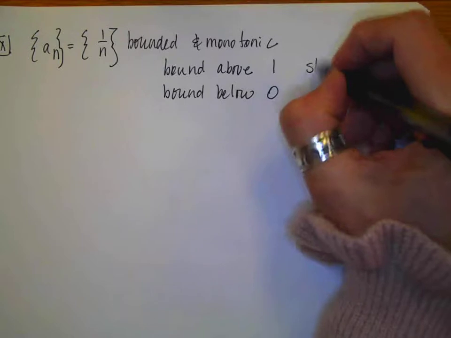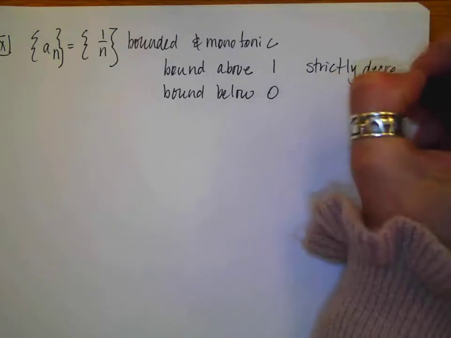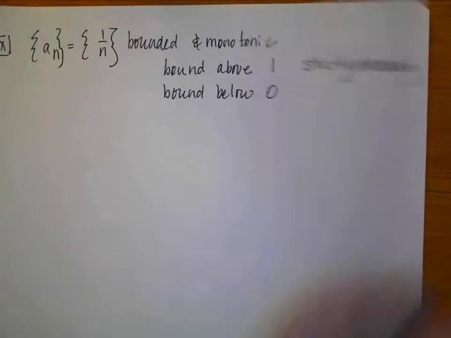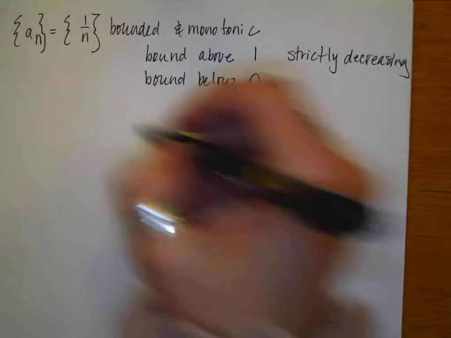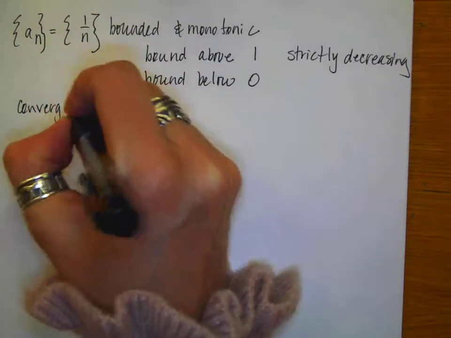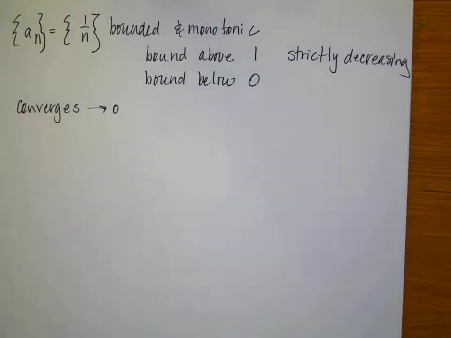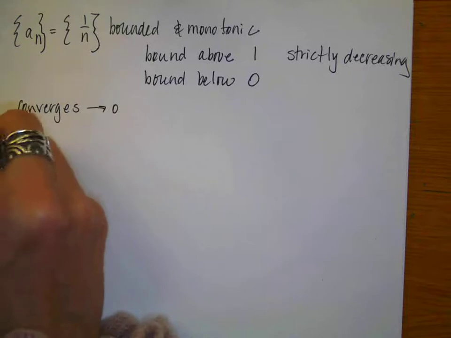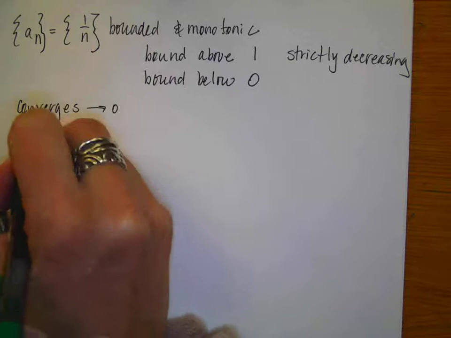And if you think about what that sequence might look like, this particular function is strictly decreasing. And so then we would say that this particular function converges, and then it happens to converge to 0.